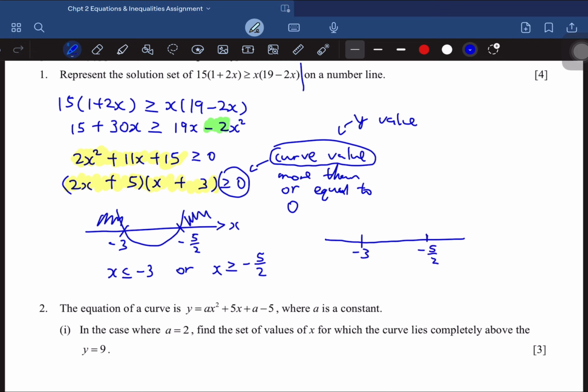Since there's an equal sign, make sure the circle is filled. That's how we handle such questions. Let's proceed.